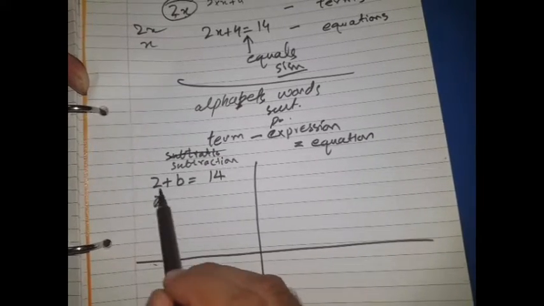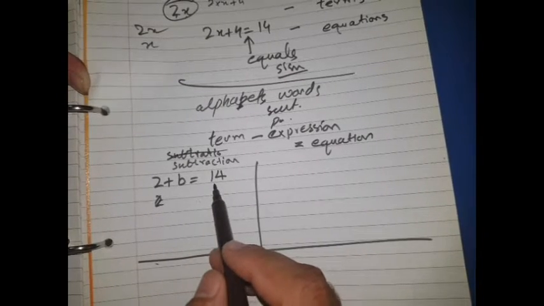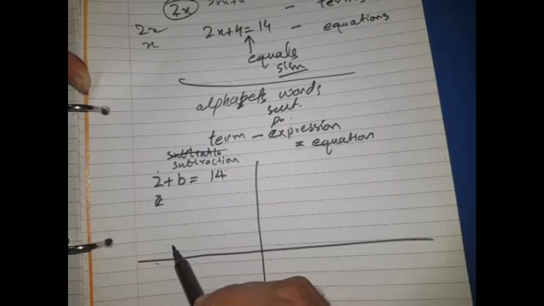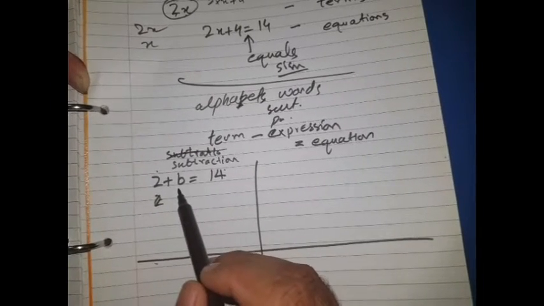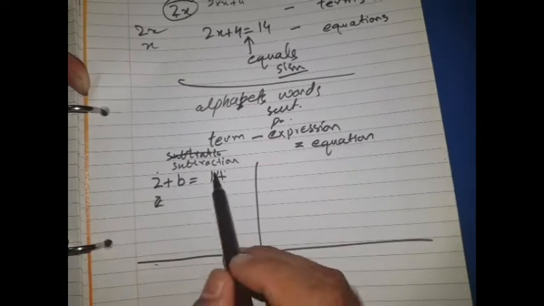Now in the next step, this is an equation because I'm using the equals sign. I will move this 2 from this place to this place. Why is that? Because b is a different family member, and this 2 is a family member of constants, so I will move 2 to the other side.